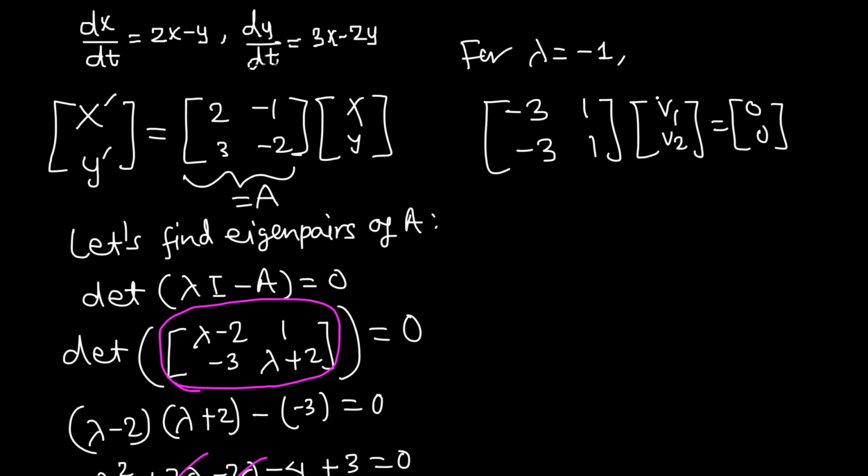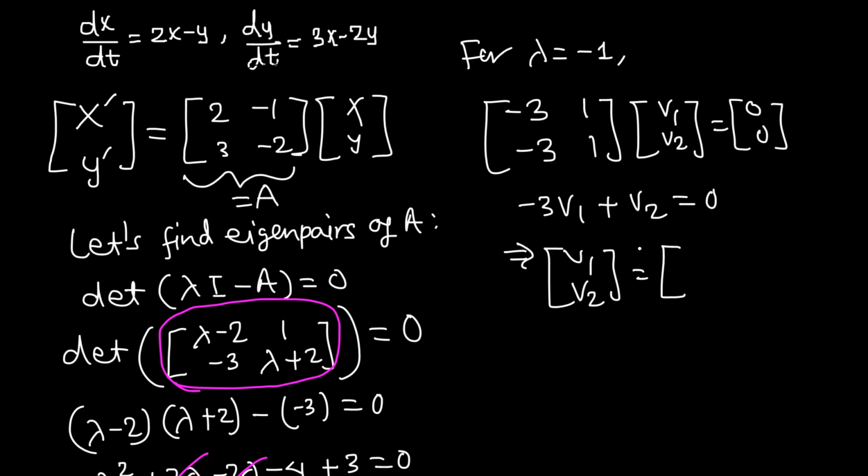So multiply this row by the column: negative 3 times v1, negative 3 v1, plus 1 times v2, v2, equals 0. Now we have infinitely many correct answers, but let's say v1 equals 1.